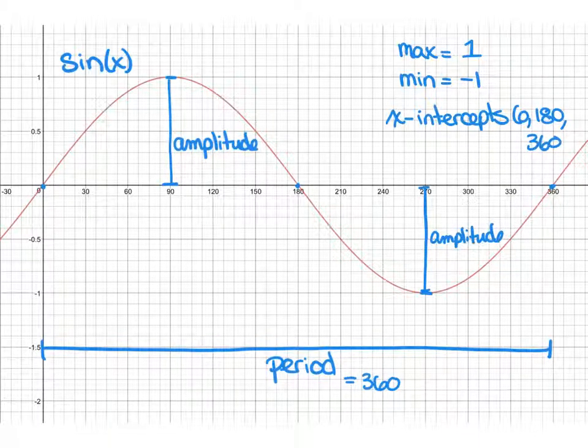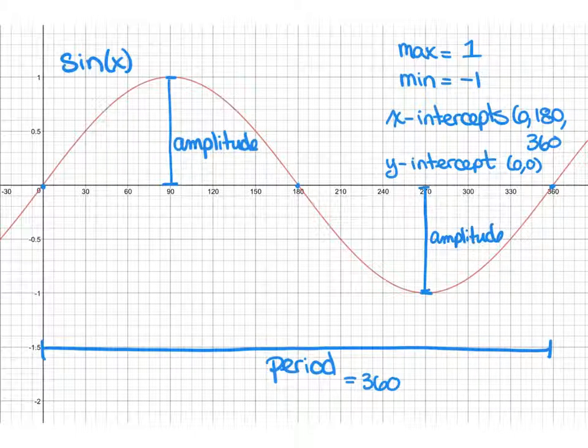It crosses again, and it will keep going. It'll keep crossing the x-axis at regular intervals. The other thing, our y-intercept, which happens to be where the middle of our graph is, in this case, is at 0, 0.